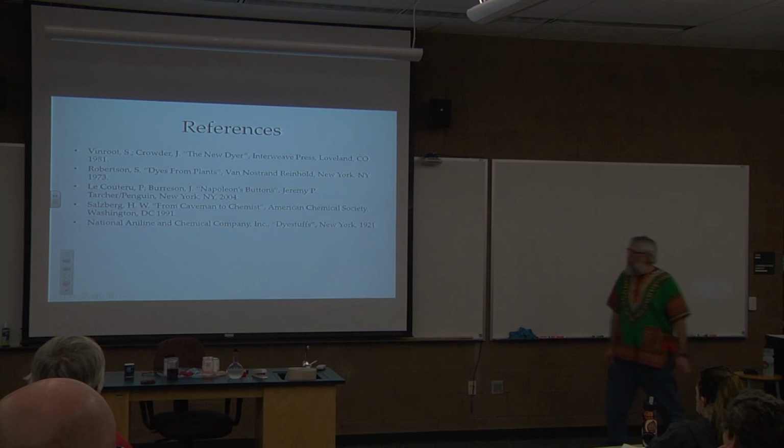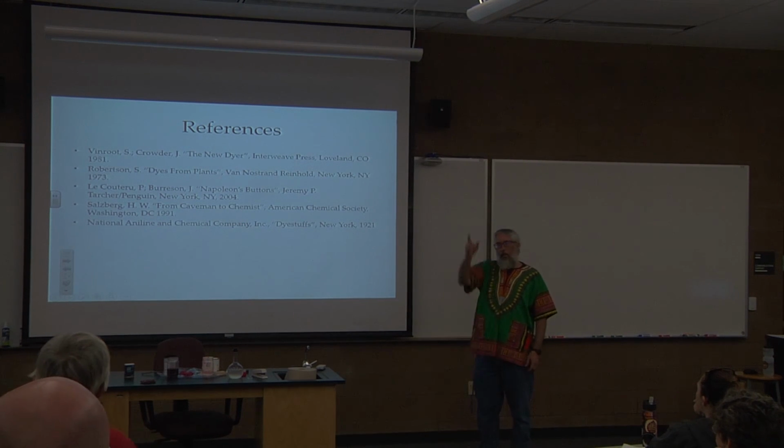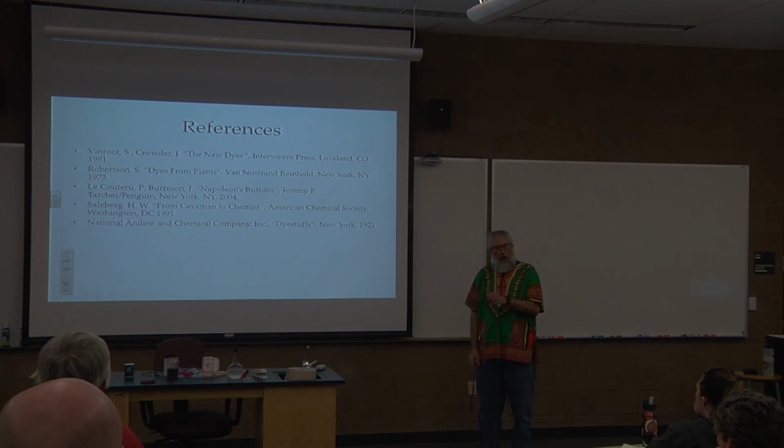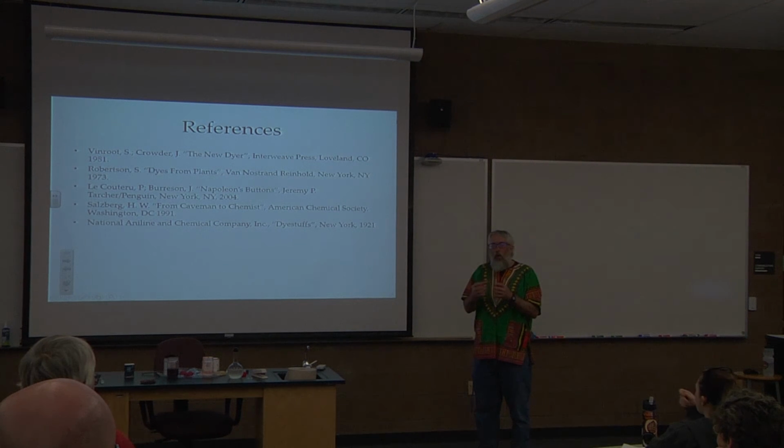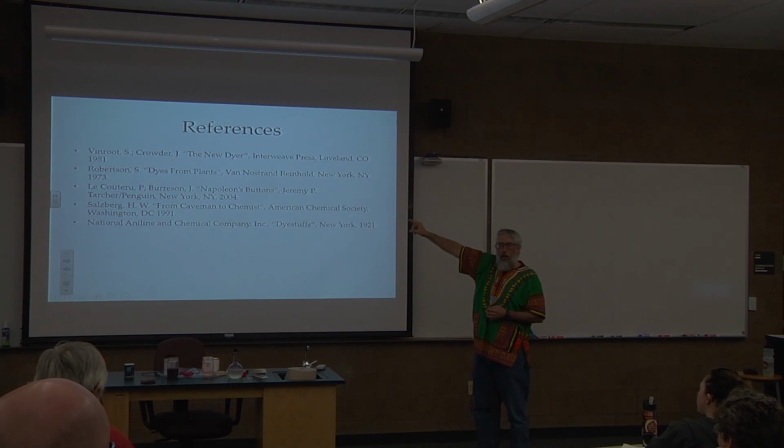Here's a few of the references. The top two we have available in the library, in the Nilsson Library, if you are interested in learning more about the dyeing craft. I'm not going to get a whole lot of molecular structures from these books, but a very interesting couple of books.